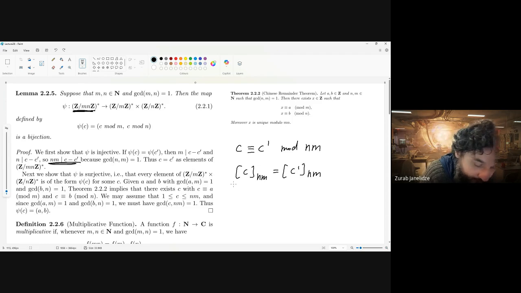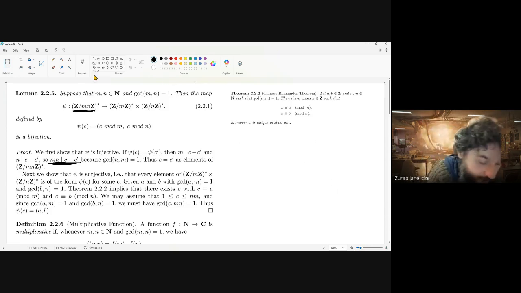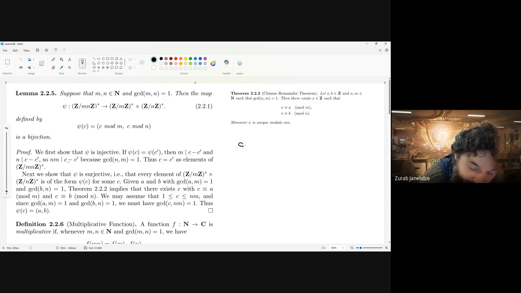So we've now managed to prove that psi is injective. Let's recap how we did that. We start by assuming that we've got two elements, c and c prime. In fact, they're equivalence classes under the mn modular relation. And then we map each of them by psi.